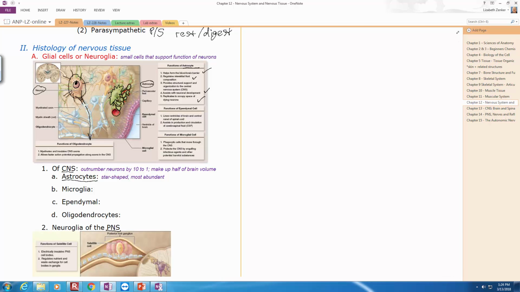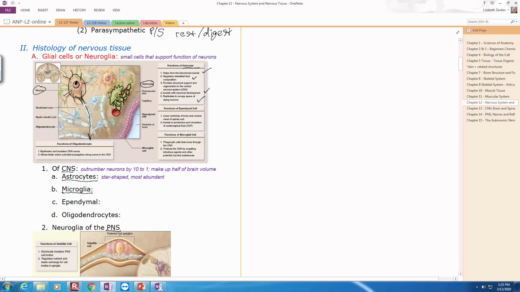Okay, so astrocytes, glial cells, are mitotic. They can divide. They can make more astrocytes and fill in that space from when a neuron has died and you have a gap. This cell will make another astrocyte and put that astrocyte there. So if you had scar tissue in the brain tissue, it's probably because of an astrocyte that filled in that spot, okay?